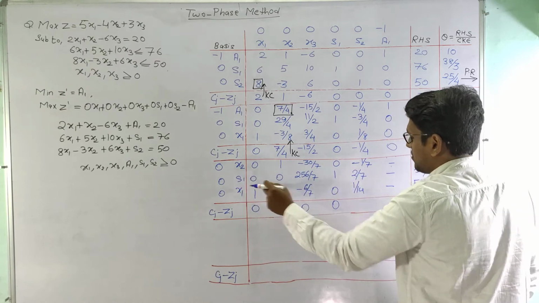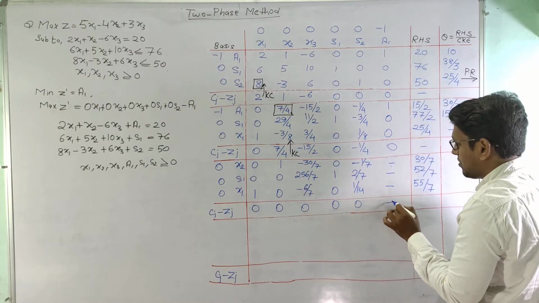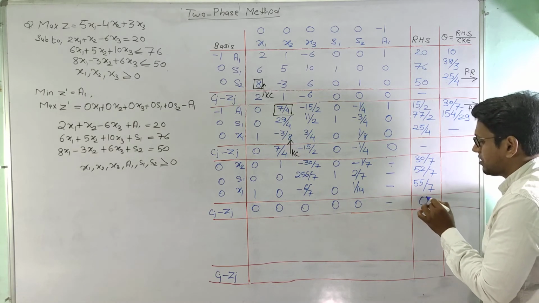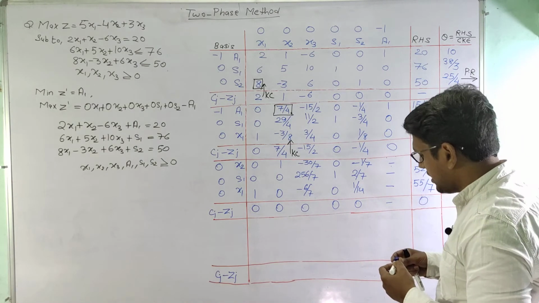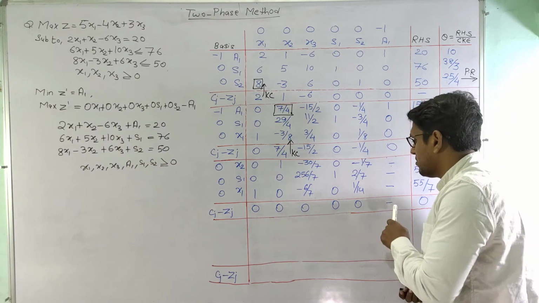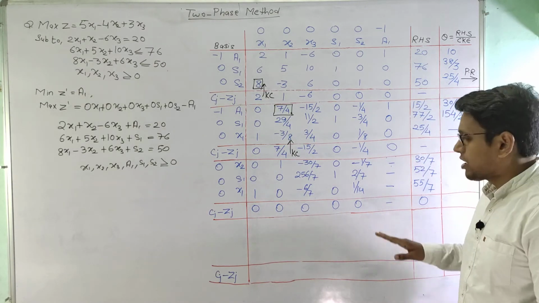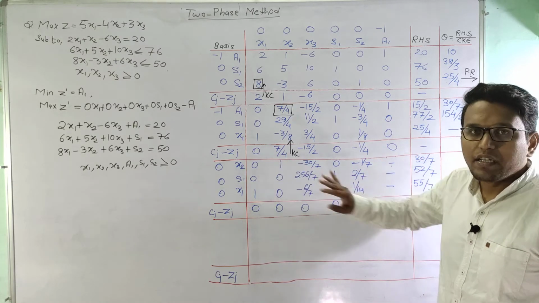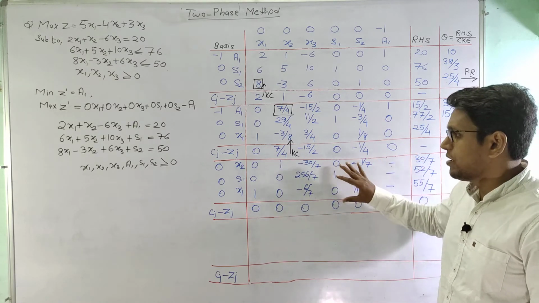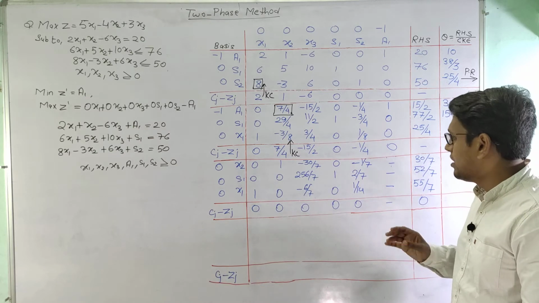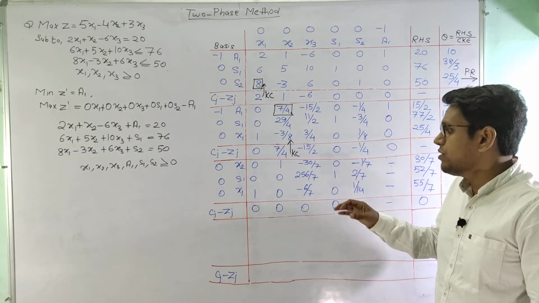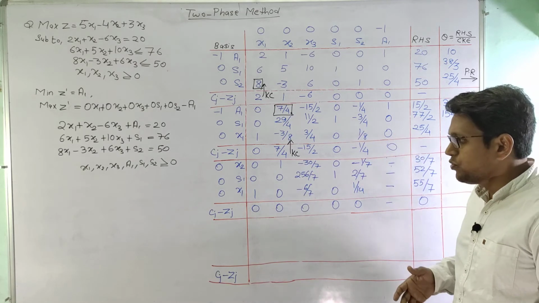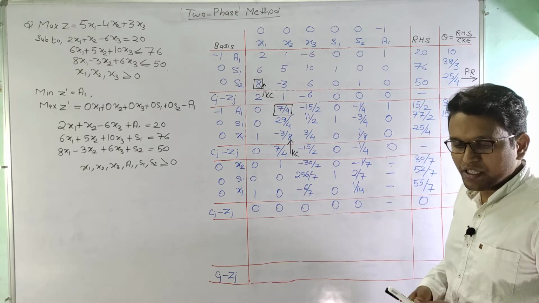Similarly here also we will get the value as 0, and the value of z is coming as 0. So all the values here are 0. That means we have finally found our optimal basic feasible solution, and we will now use this solution in phase 2 with the original objective function.